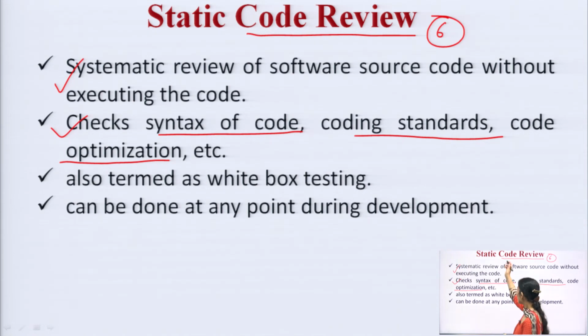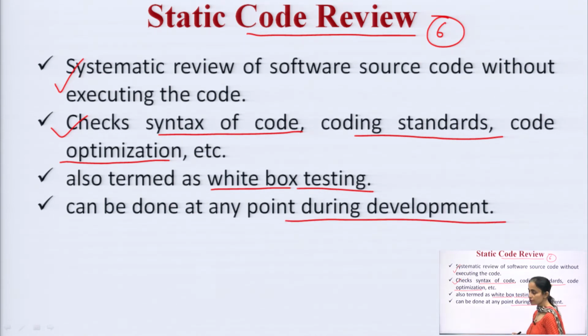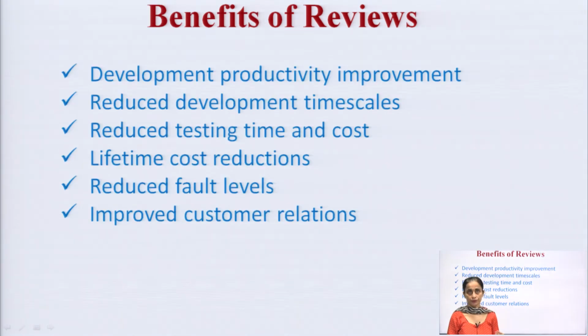So, this is also termed as white box testing and it can be done at any point during the development phase. So, when we are in the development phase, we can do this static code review at any time. So, these were the 6 kinds of static testing done at the review.